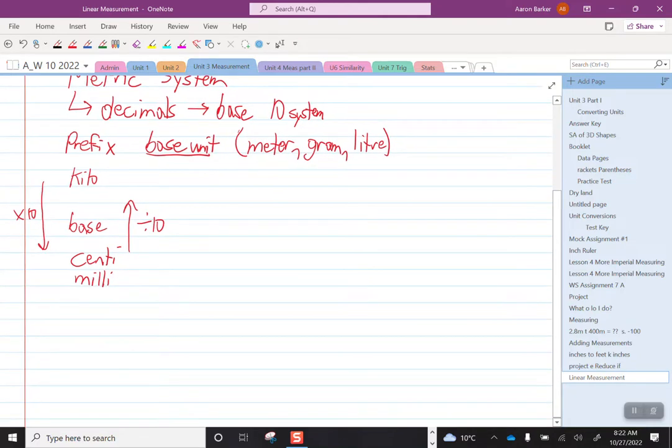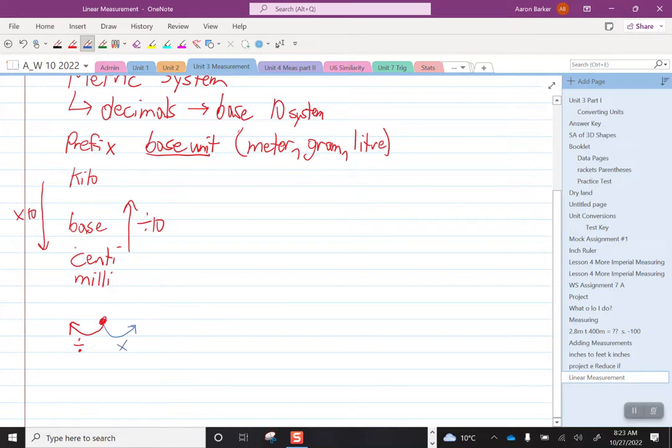And so what that does, every time we divide or multiply by 10, it takes our decimal, and if we're dividing by 10, we move our decimal in this direction when we divide. And we take our decimal and we move it in this direction when we multiply.